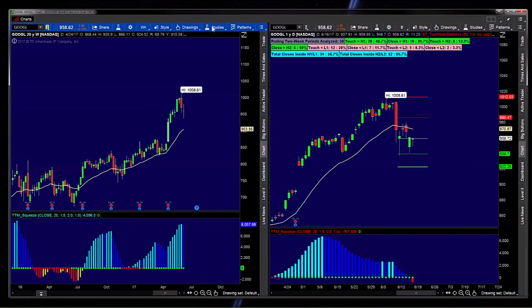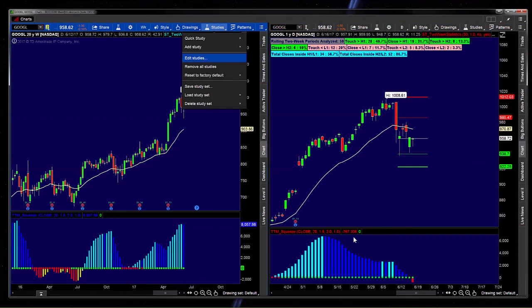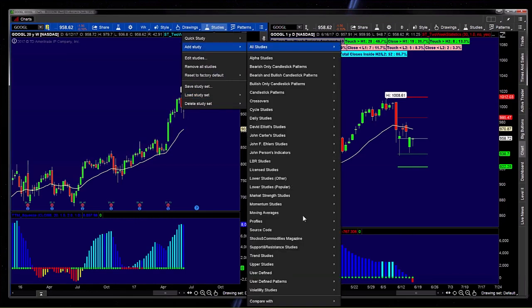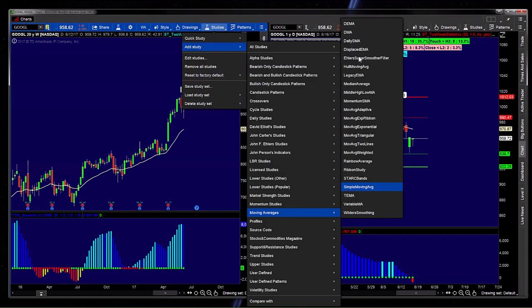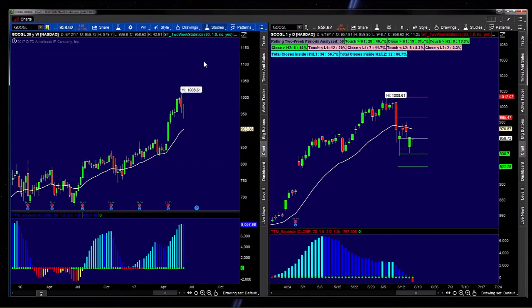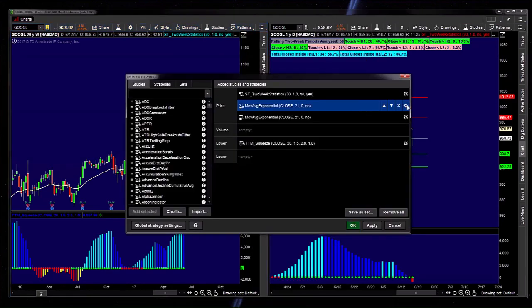And then let's also add moving averages. I'll give you guys copies of the setup. In this case, I want this to be the 8 period.